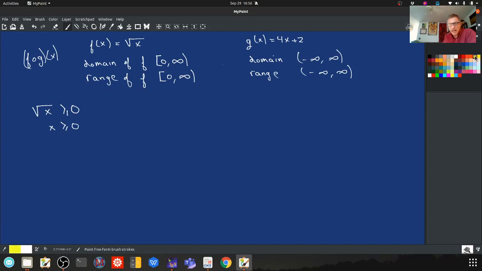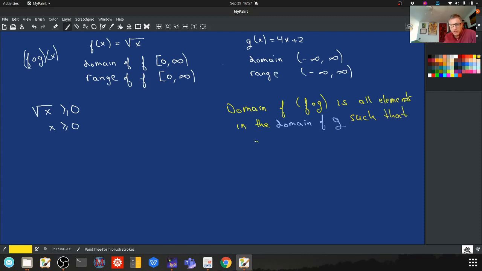So now is when we have to have the definition. The domain of f composed of g is all elements in the, here's the important part, domain of g such that g of x is in the domain of f.